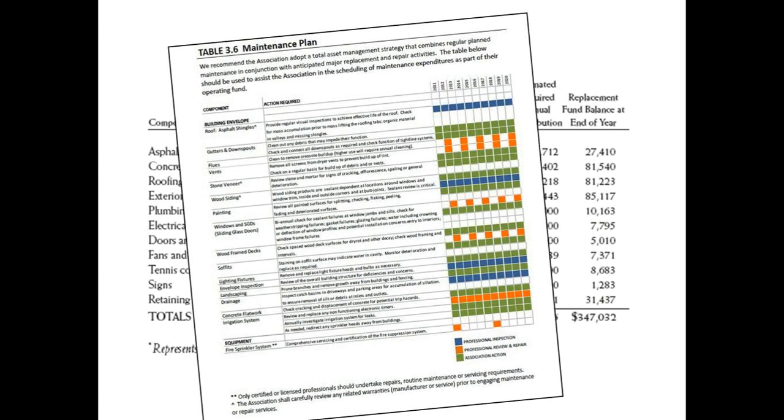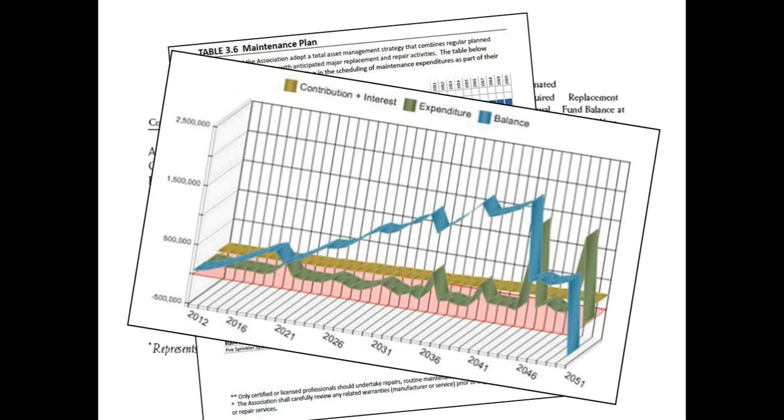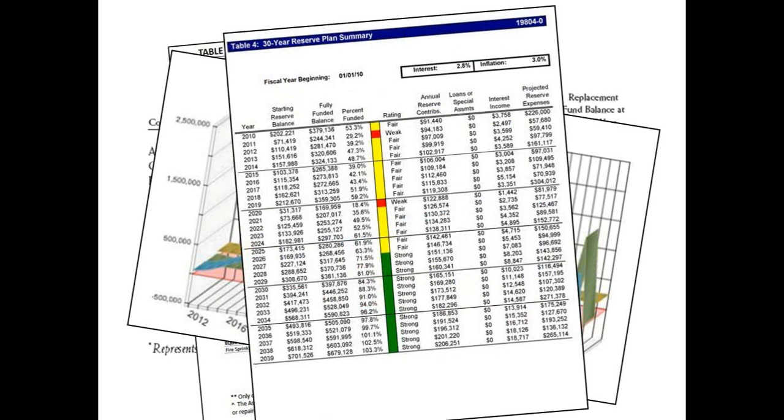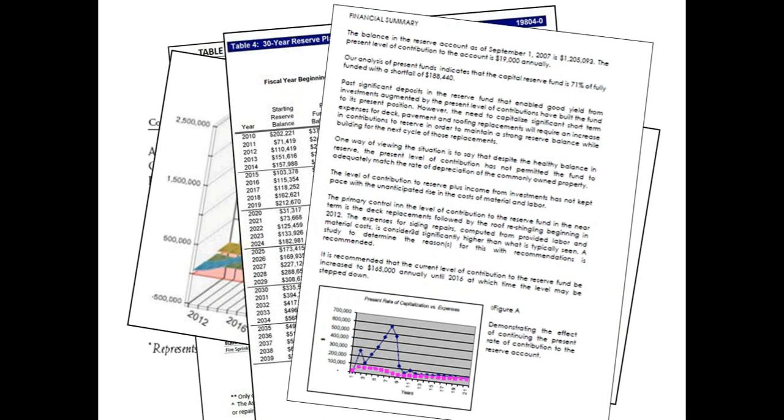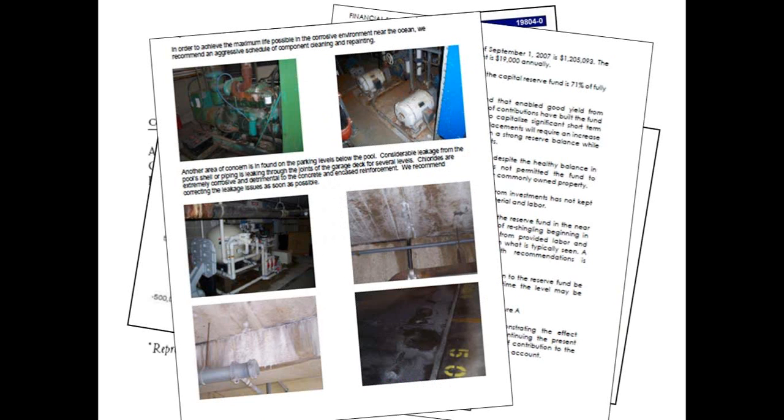It may contain some maintenance information, things to do around the property, or cash flow graphs, or maybe cash flow charts. Text, things for you to read, or site photos. There's lots of good stuff in the reserve study.